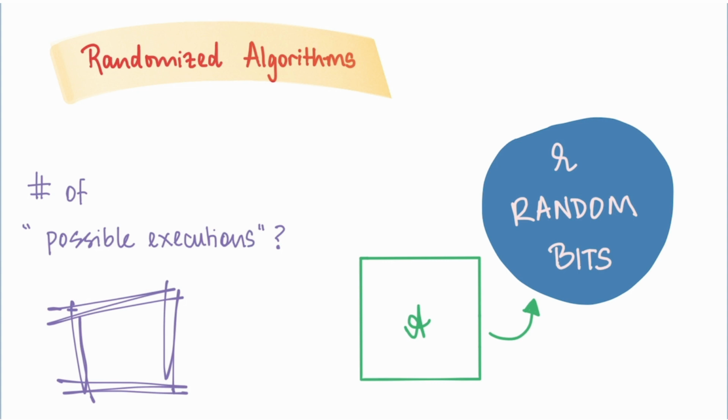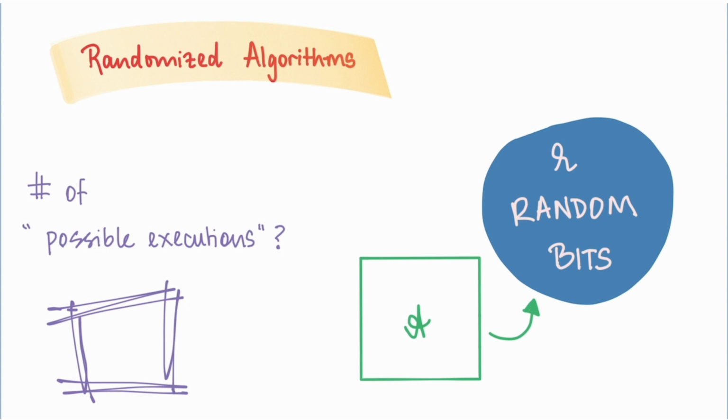Notice that once a coin is flipped or one of these random bits is drawn, however you prefer to visualize this, the algorithm can choose to do different things based on the outcome. So it might say that if the coin turns out to be heads, then I'm going to do this, but if it turns out to be tails, then I'm going to do this other thing.